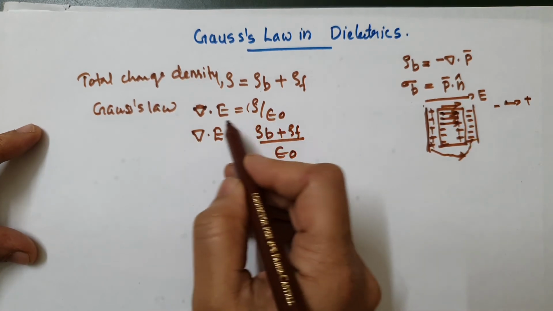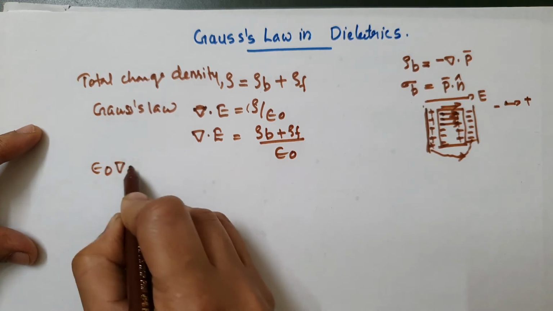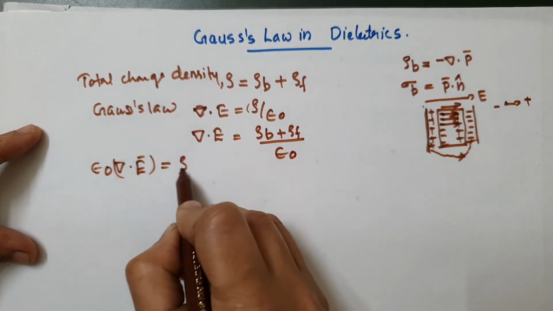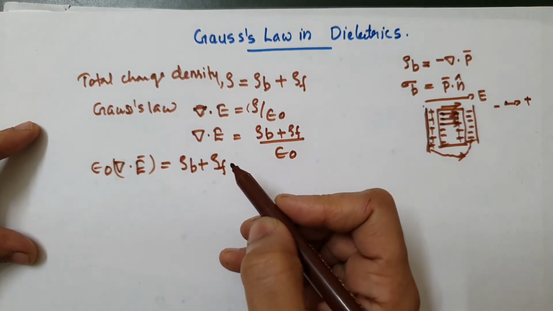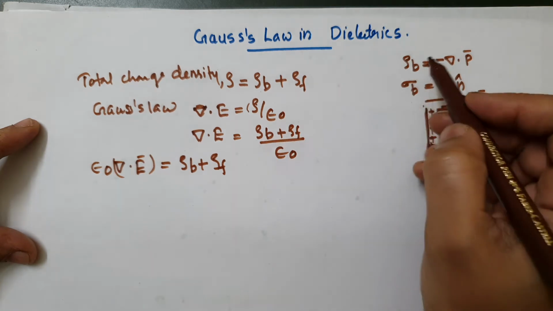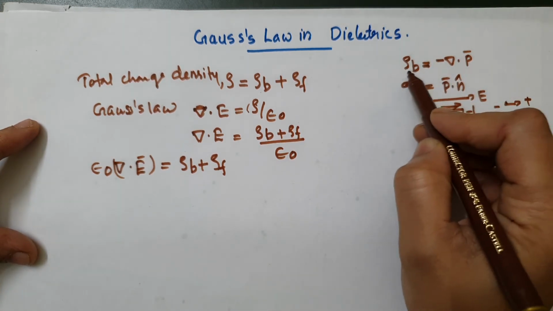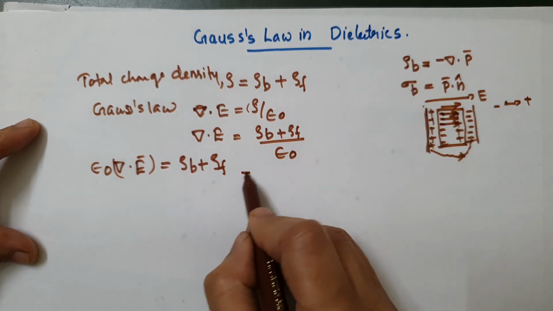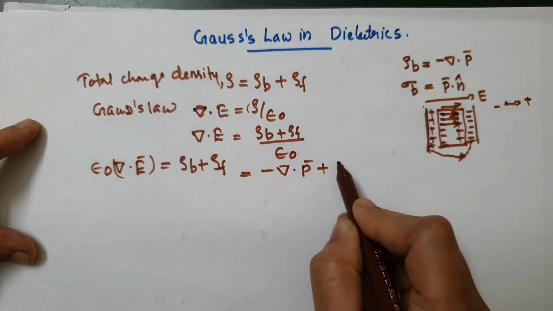Or we are rearranging this equation. That is, epsilon 0 del dot E is equal to rho B plus rho F. But we have the bound charge density, the volume charge density due to the bound charges, which can be represented as minus del dot P, plus the free charge density.